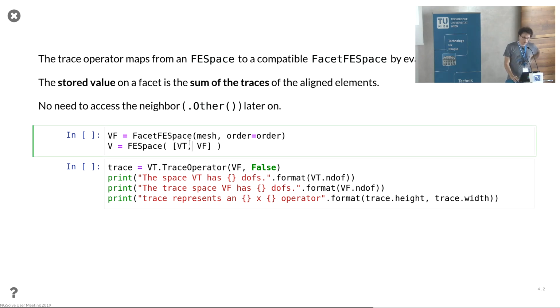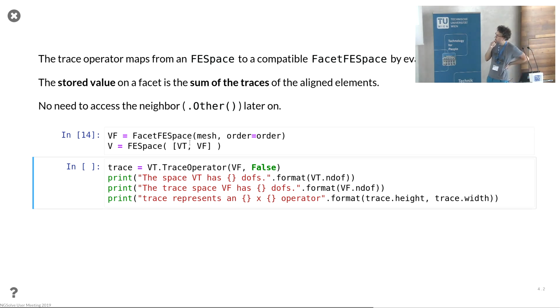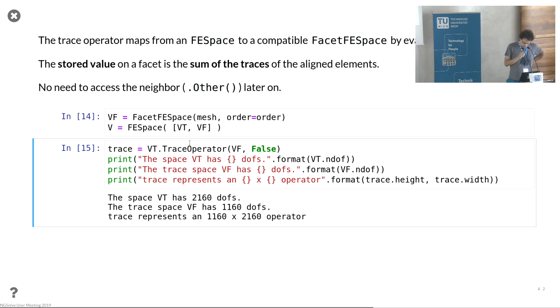We define the facet finite element space, which should represent the traces, and the VT corresponds to the element values, so the discontinuous Galerkin space. And now the L2 space provides this trace operator, which maps from the volume finite element space to the trace finite element space. Okay, so let's have a look.